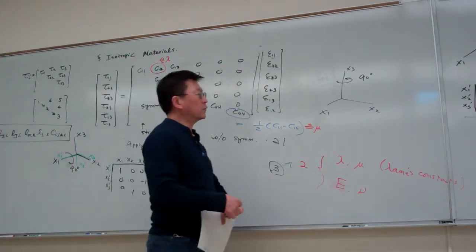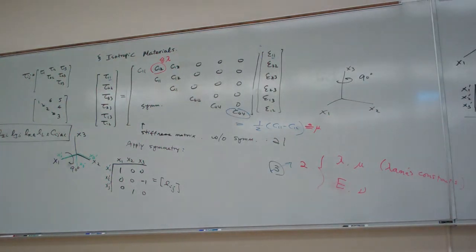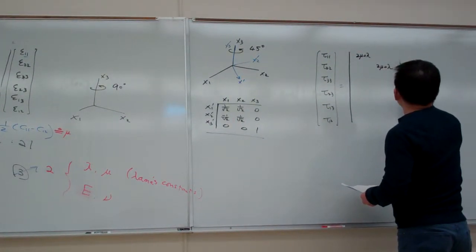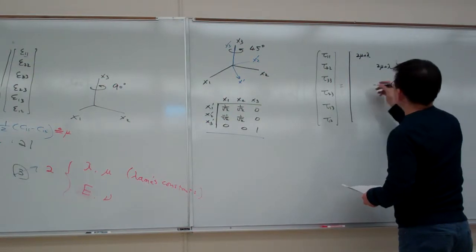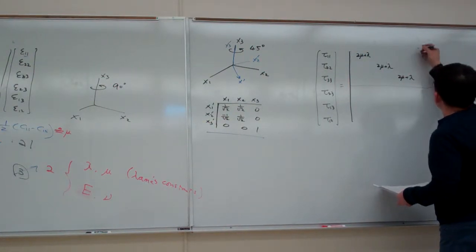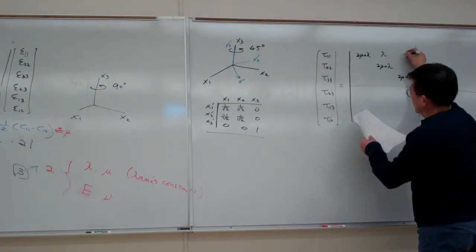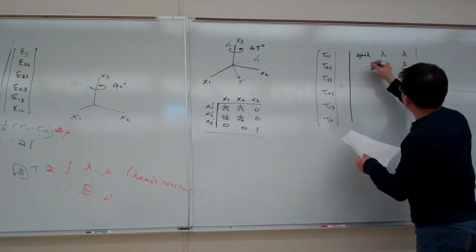So with the two numbers, we can have this: 2 mu plus lambda, 2 mu plus lambda, 2 mu plus lambda, and lambda, lambda, lambda, lambda.